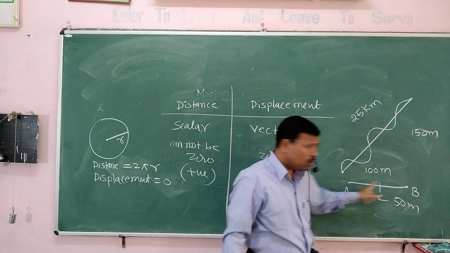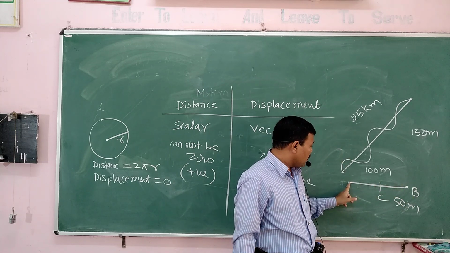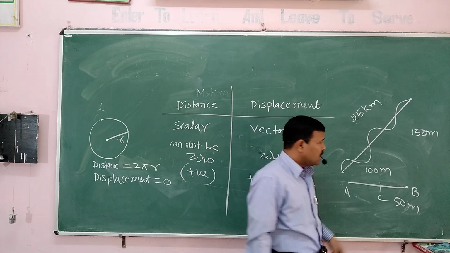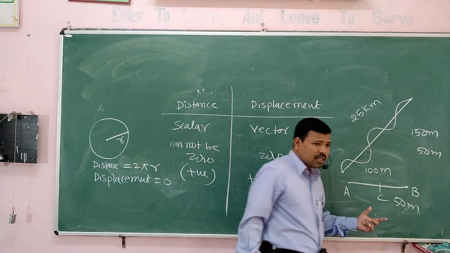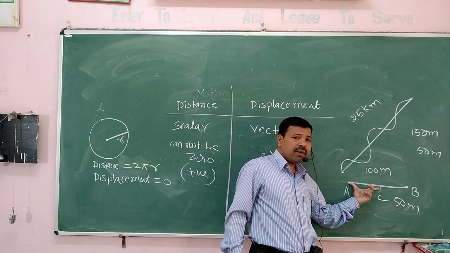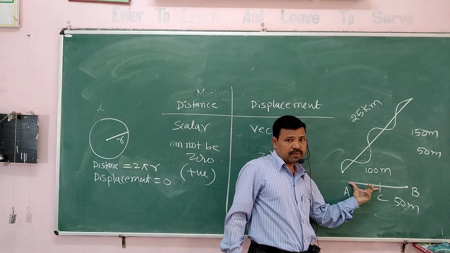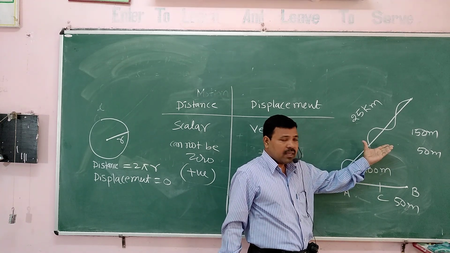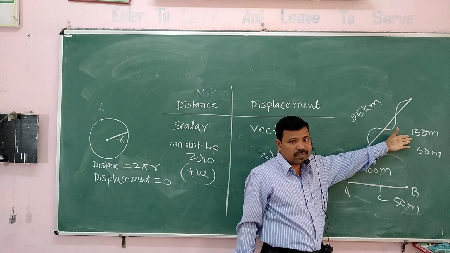What is the displacement? From A to B, B to C, displacement is 50 meter. That is the shortest distance between initial point and the final point, 50 meters displacement. So in this case, displacement is less than distance.